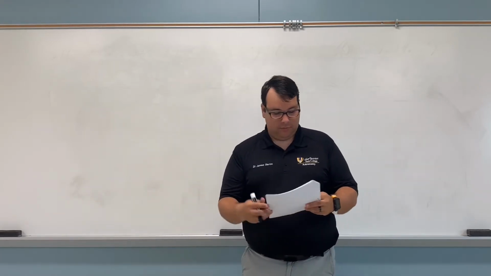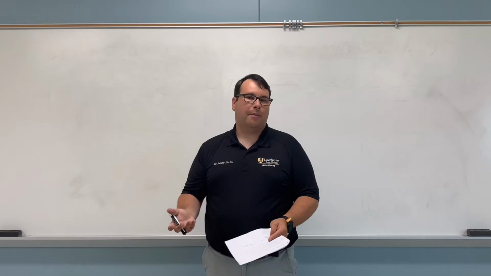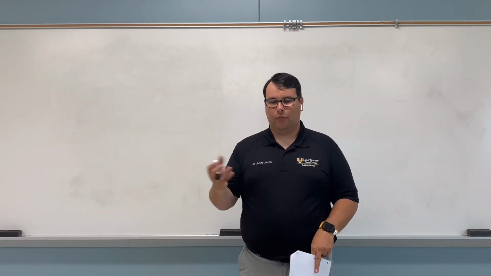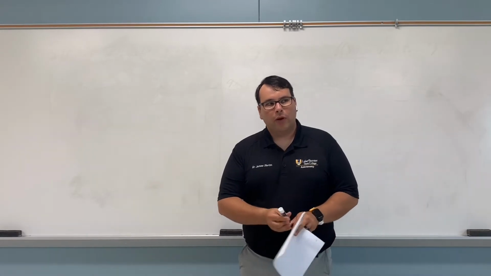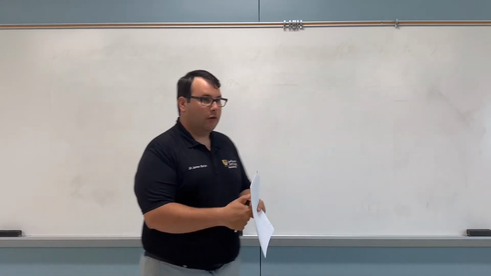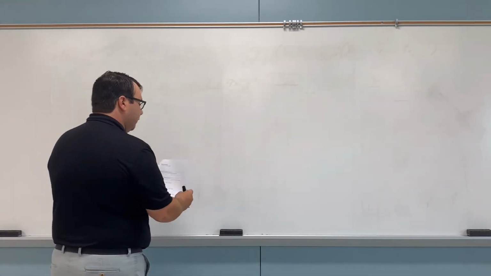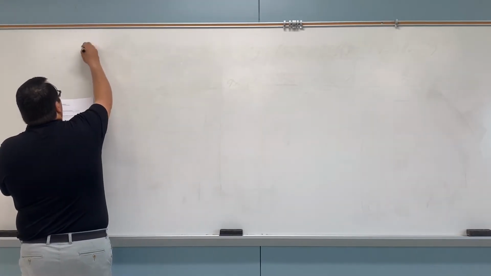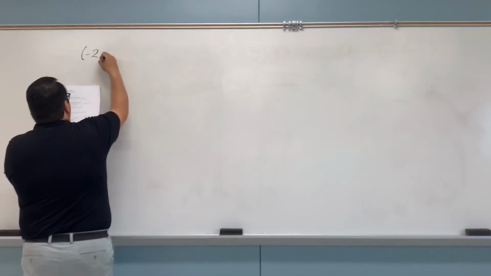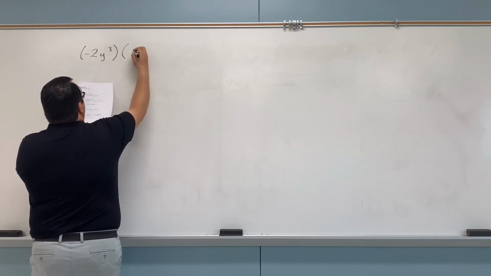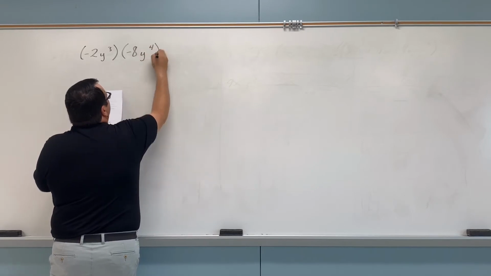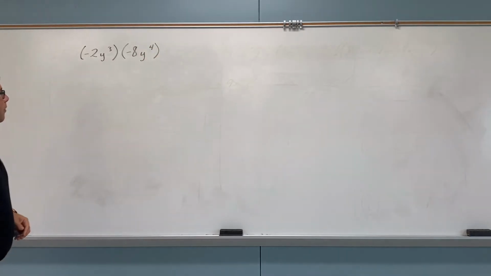Okay, so the first thing is, whenever you're looking at multiplication, you know what to do if you have one term multiplied against another term. But we're going to extend that thought just a little bit by looking at how we multiply monomials first. So monomials, I have negative 2y cubed, and I have negative 8y to the fourth as my first example.